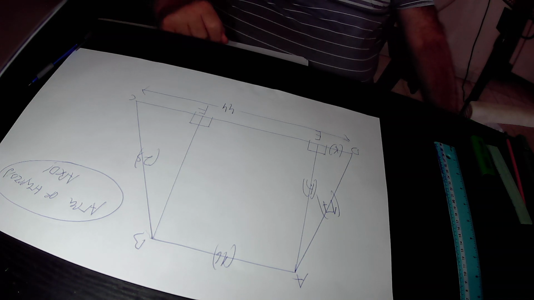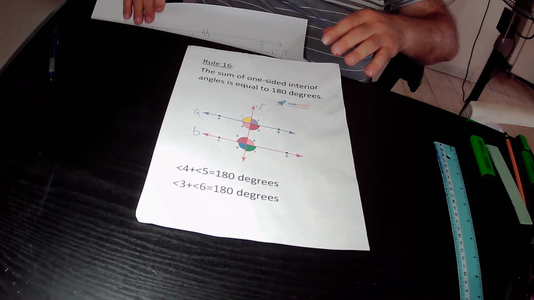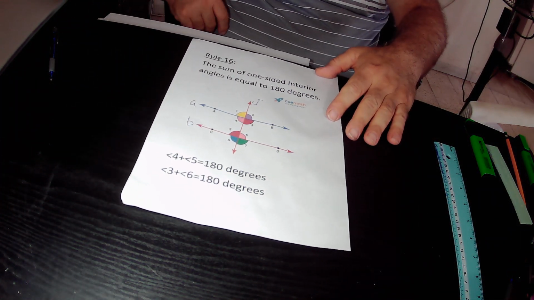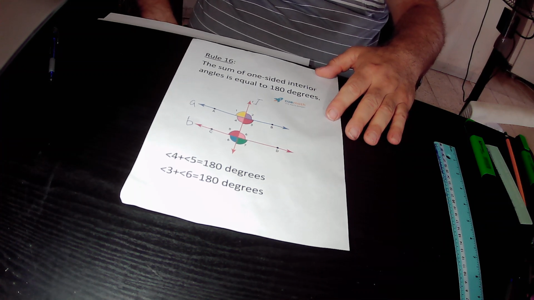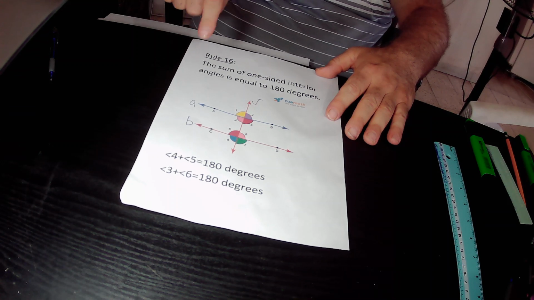So let me repeat quickly rule 16. According to rule 16, the sum of one-sided interior angles is equal to 180 degrees. In the drawing, we have two parallel lines.